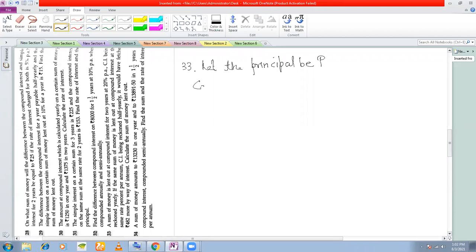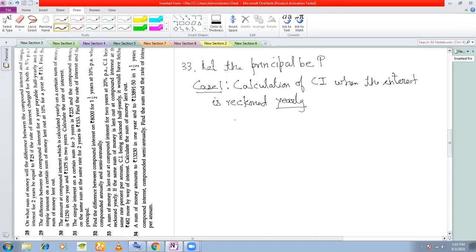Case one, we calculate the compound interest when the interest is reckoned yearly. That is when the interest is given to you on a yearly basis.